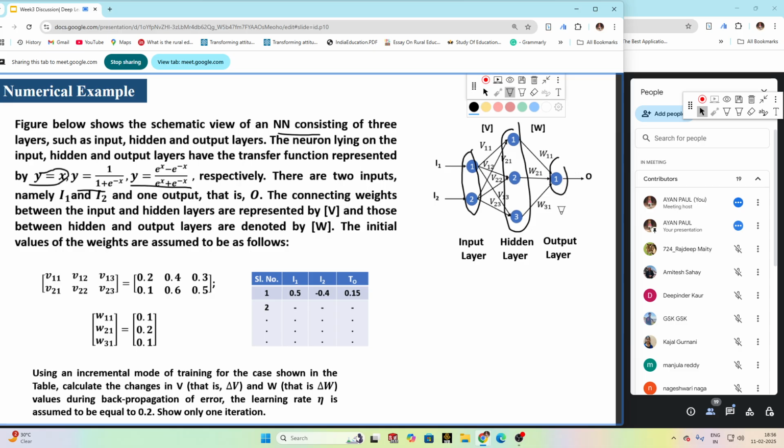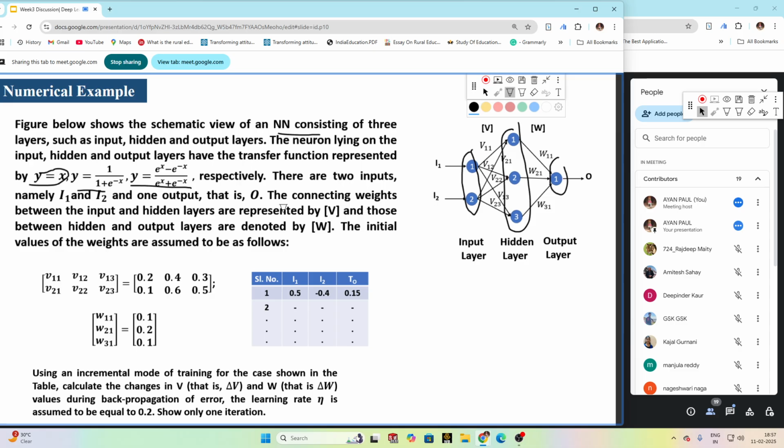In general problems, we don't use this type of activation function, but as it has been given in the question, we have to follow it. In general, we use either a linear function or the softmax function in the output layer. But here it is okay. Any doubt? Okay, no doubt. As it has been given, we have to follow it. This is the activation function of the output layer.